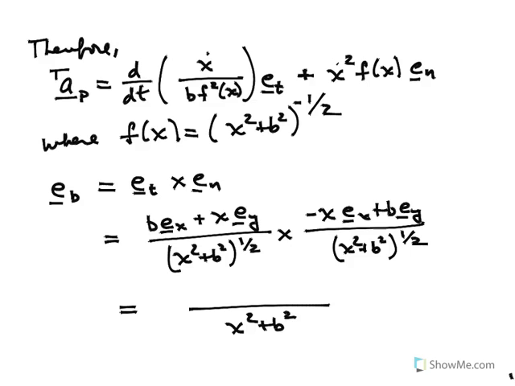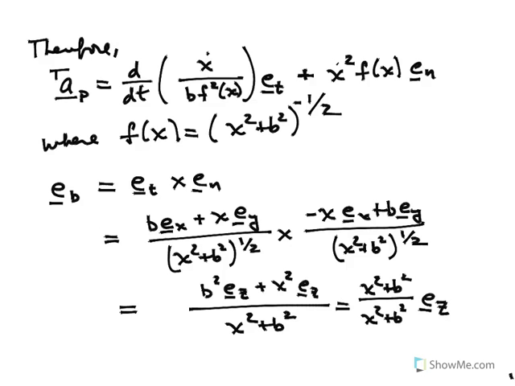And the numerator, e_x crossed e_x is 0, e_x crossed with e_y is e_z. So I get b squared times e_z, and then e_y crossed with e_x is negative e_z, plus x squared times e_z, which is equal to x squared plus b squared, all divided by x squared plus b squared times e_z, which is equal to e_z.